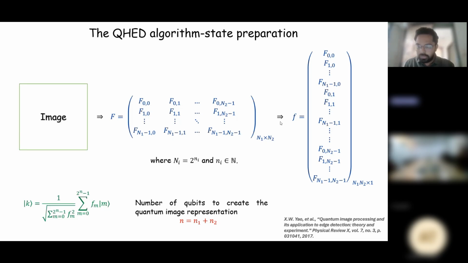Now, we have to normalize this vector, so we create a state vector of this form where each element of small f is an amplitude of the state vector.